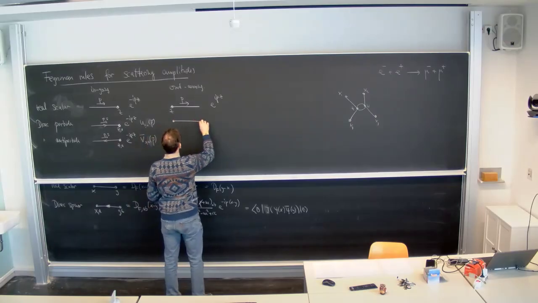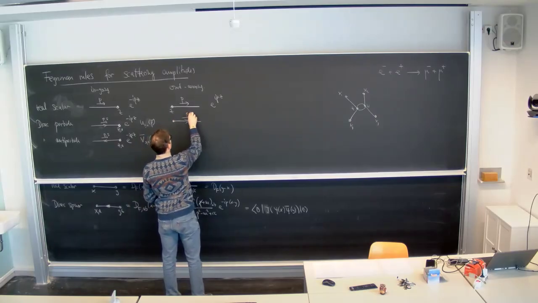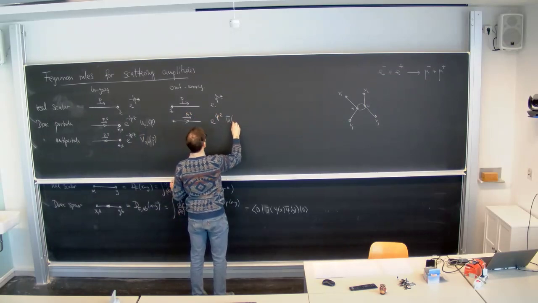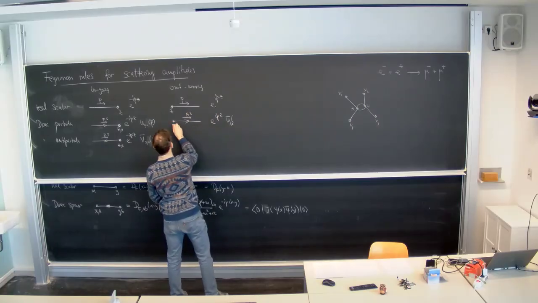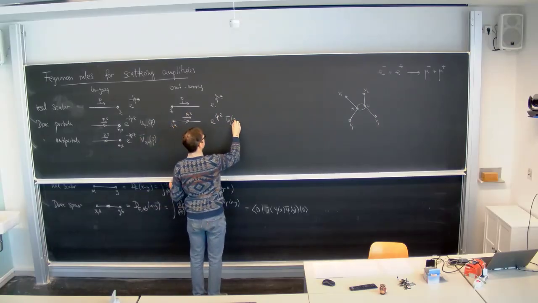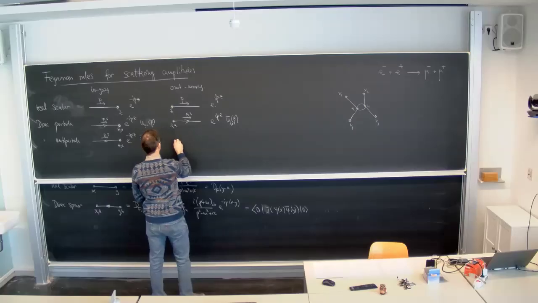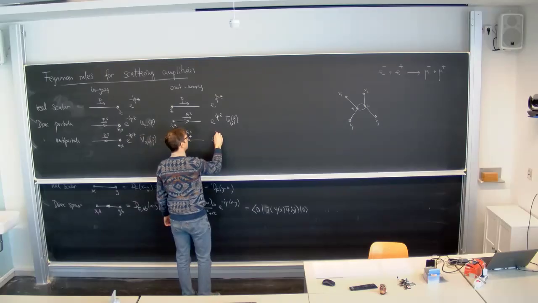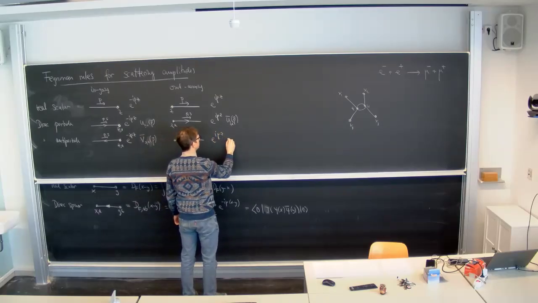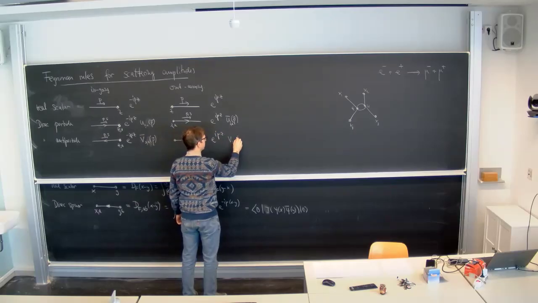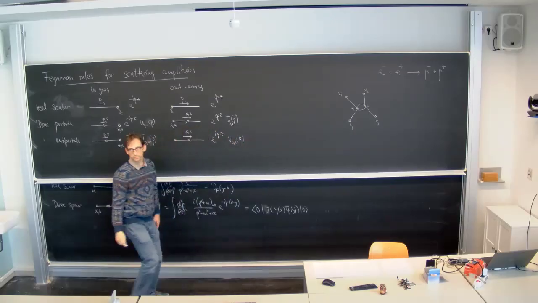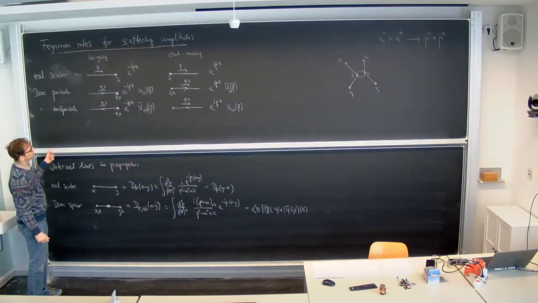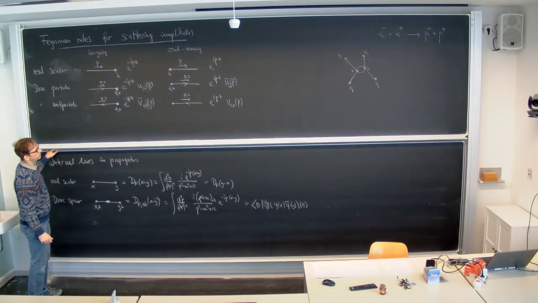The other way, if the particle comes out, you have p, s, and then U bar, S, A, and if the antiparticle comes out, V, S, A. So that's what the external lines become.